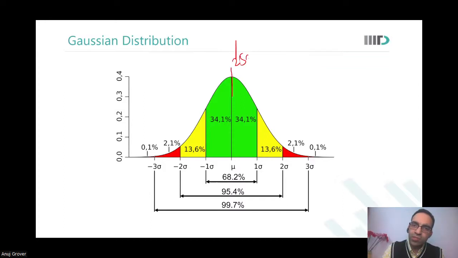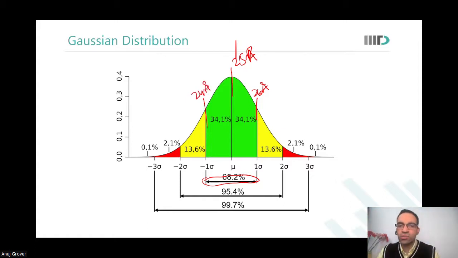So let us say this is 25 angstroms, the gate oxide thickness, and 68.2% of samples would exist between plus minus 1 sigma. Let us say sigma was 1 angstrom, so 26 angstrom and 24 angstrom. So between 24 and 26 angstrom, you would have 68% of your samples.